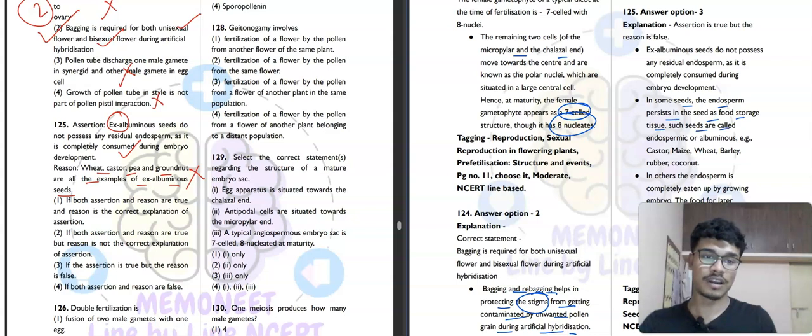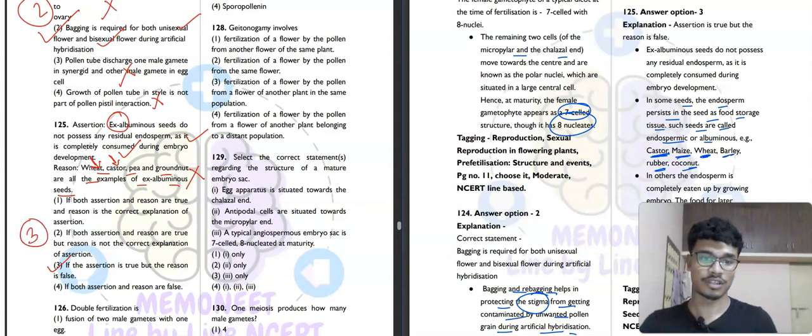Such seeds are called endospermic or albuminous, just as we discussed. This includes castor, maize, wheat, barley, rubber and coconut. So castor and wheat are albuminous seeds, but pea and groundnut are exalbuminous seeds. So this statement is incorrect. So assertion is correct, reason is incorrect. So third option will be our correct answer.